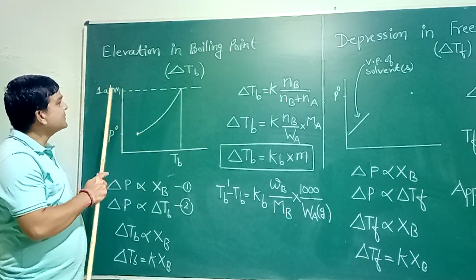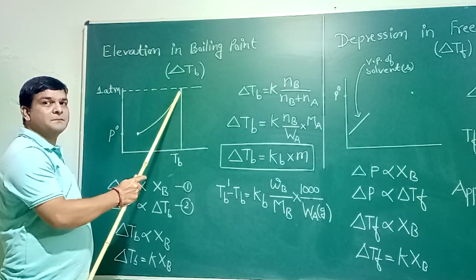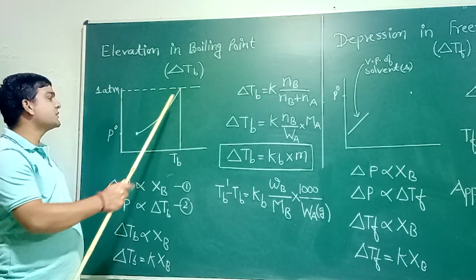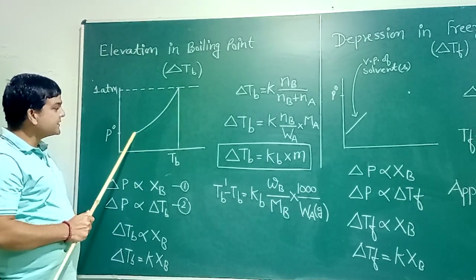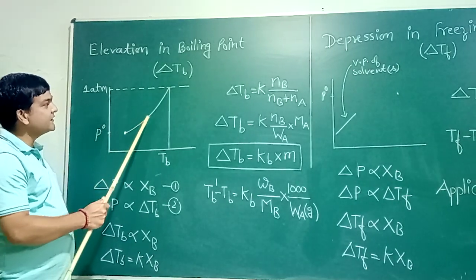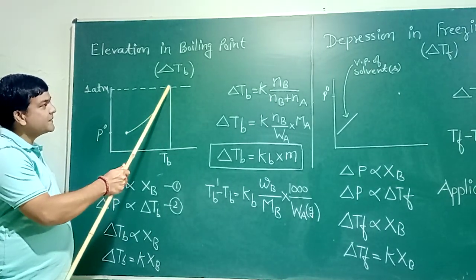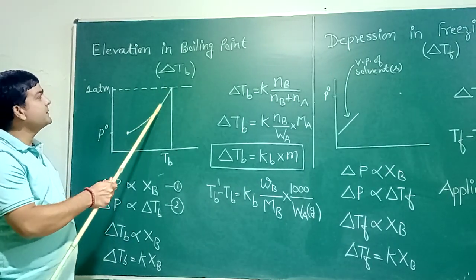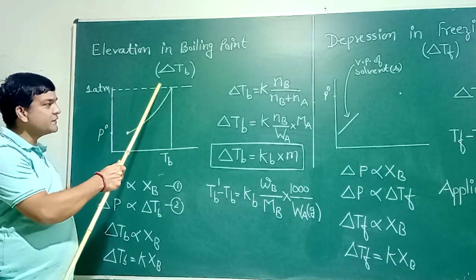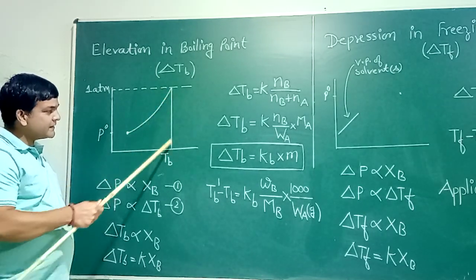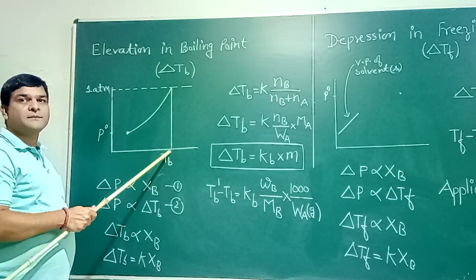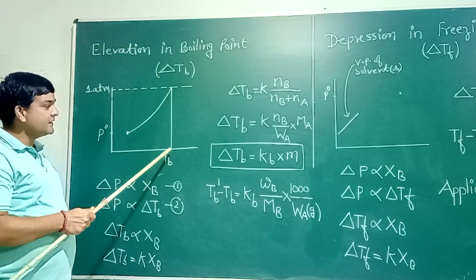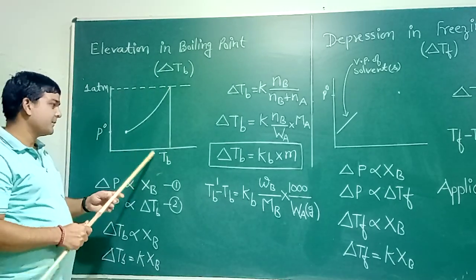This is 1 atmosphere, which is the pressure of atmosphere in normal condition. At this particular point the vapor pressure becomes equal to atmospheric pressure. This particular temperature is known as the boiling point of a liquid. Here it is the boiling point of water.